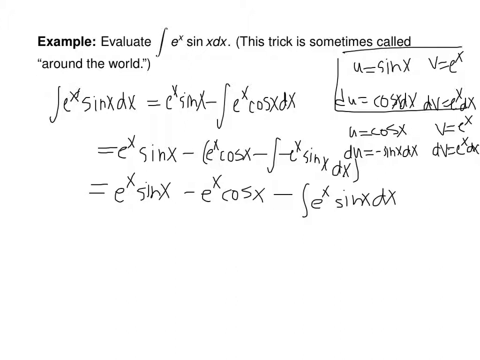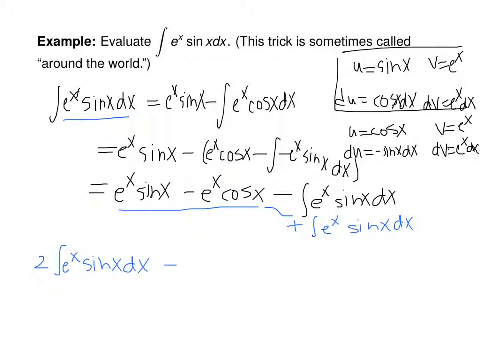So what you do now is a very clever trick. You have that this is equal to that. What we're going to do is add the quantity integral of e to the x sine x dx to both sides of my equation here. And that gives us twice the integral of e to the x sine x dx is equal to e to the x sine x minus e to the x cosine x.